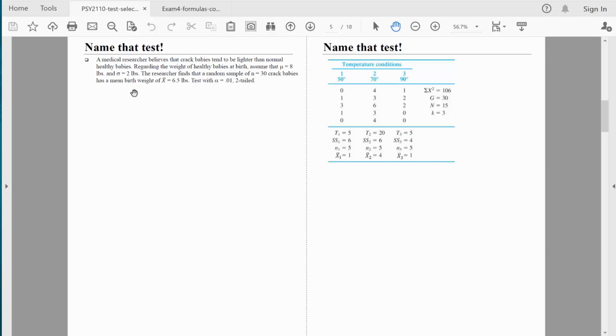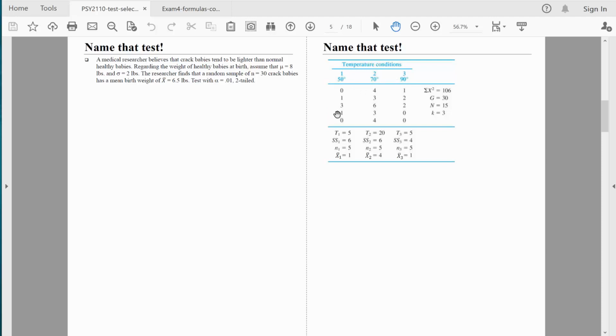Now remember, sometimes I give you a lot of summary information, sometimes I give you raw data. Either way, we should be able to figure it out. Sometimes there is some key piece of information to help us determine what test to do. And all you should have to do is glance at the information right here and know what test to do. You might recall this example. We were putting students either in a cold room, a comfortable room, or a hot room, and then we were testing to see how much information they could learn.